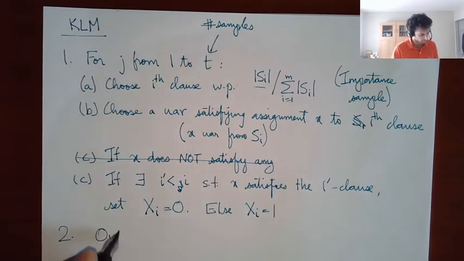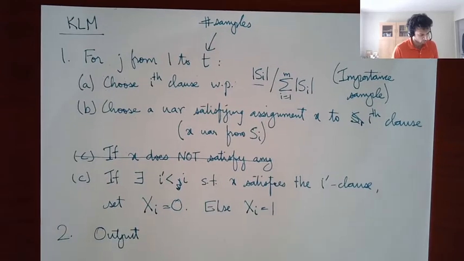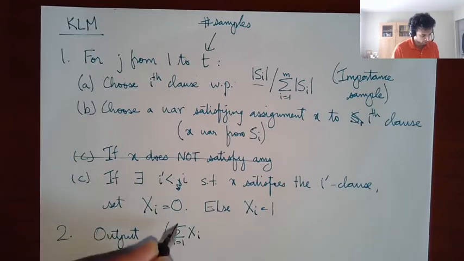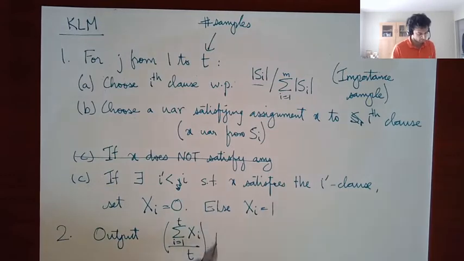Finally, I'm going to output the sum of xi, i going from 1 to t. There were t iterations of this. I divide by that times b, and recall that b was just this sum.